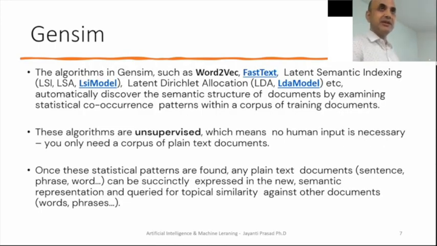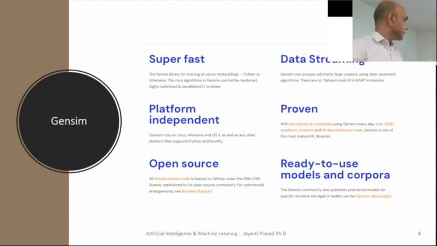There is another Python library called Gensim. It's again an open source library. We just need to do pip install gensim, and it has many inbuilt models in it. And it can also be used to get vectors for words. There is a lot of technical detail given on the page of Gensim, and there are many interesting features.